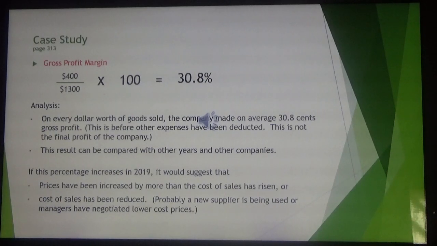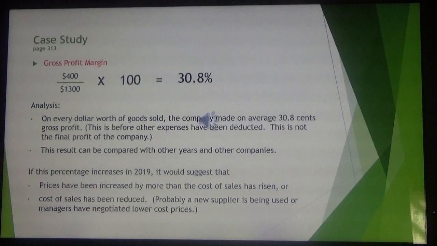Now we have the case study again on page 313, and the case study is an application of the gross profit margin formula. And as we see, we're using again ABC Computing Limited, which made a gross profit in 2018 of $400 million.